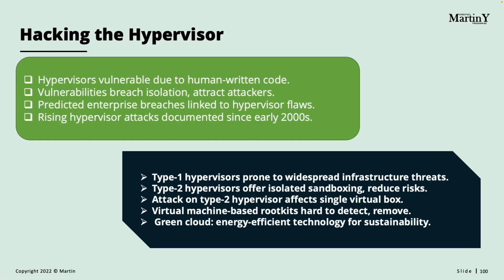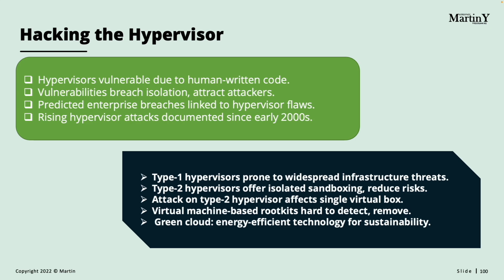So now that we know the main architecture, we should talk about the vulnerabilities of this architecture and of the hypervisor. Since 2006, research has shown that malware like virtual machine-based rootkits can install a hypervisor beneath the existing operating system, making them hard to detect. There are possibilities to log in to a specific virtual machine and escape to other virtual machines that the user is not authorized to use.